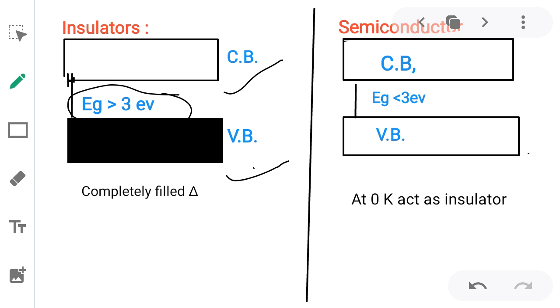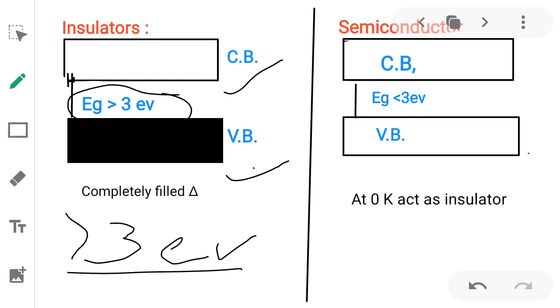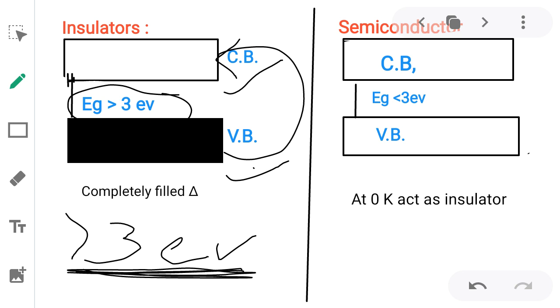This 3 electron volt indicates that to shift an electron from the valence band to the conduction band, we must supply energy greater than 3 electron volt. Now I think it is clear why this energy gap is used for classification: the energy required to shift an electron from the valence band to the conduction band must be greater than 3 electron volt.